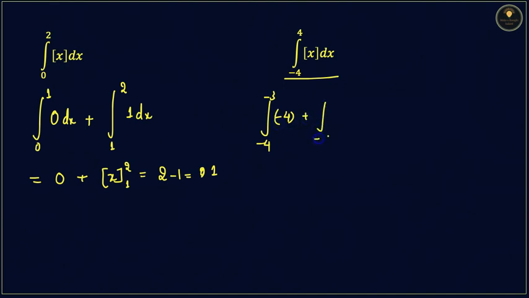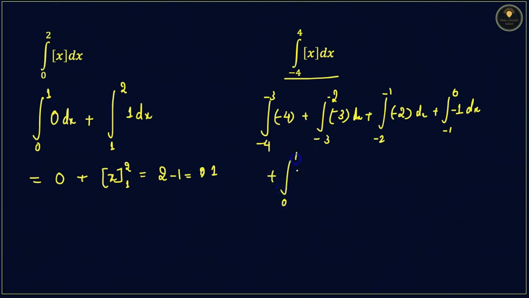And if I'm writing the value from minus 3 to minus 2, you will get this one as equal to minus of 3 dx, and then you will get minus of 2 from minus 2 to minus 1, this one as equal to minus of 2 dx, and from minus 1 till 0 you will get this one as equal to minus of 1 dx, and then you will do the same thing on other side.